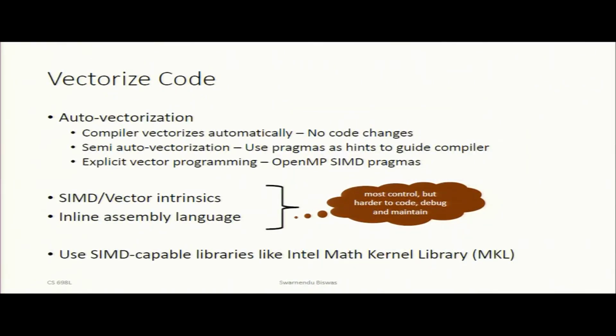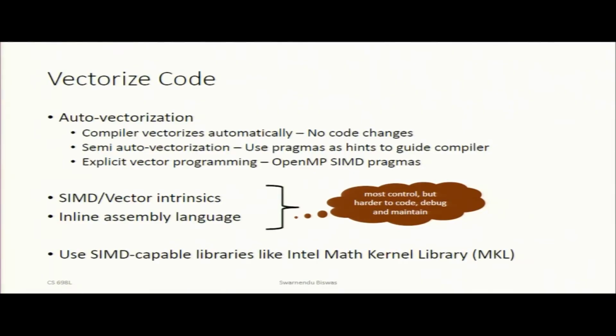So the advantages are, obviously auto-vectorization is the most portable, because then you don't need to do anything. The compiler will do everything for you, right? The compiler will vectorize automatically, and you don't have code changes. Or you can try to do it yourself with inline assembly or SIMD vector intrinsics, but then you have more control, but it is less portable.